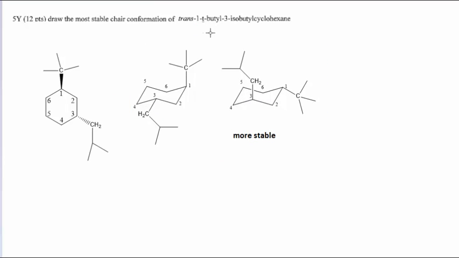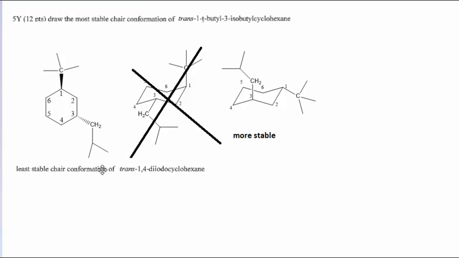T-butyl is bulkiest. Isobutyl is pretty bulky, but it's not as bad. So having the T-butyl group equatorial is a lot better. You'll actually hear, I believe, sometimes people say that the T-butyl group is so unfavorable in the axial direction that it will actually lock the ring in this conformation and your cyclohexane won't be able to flip.